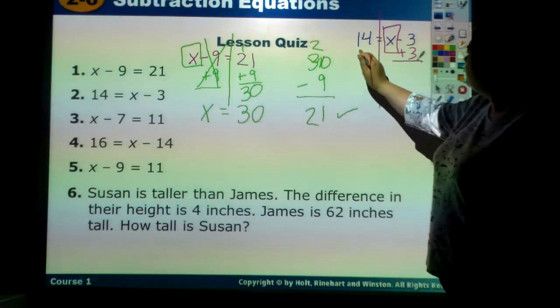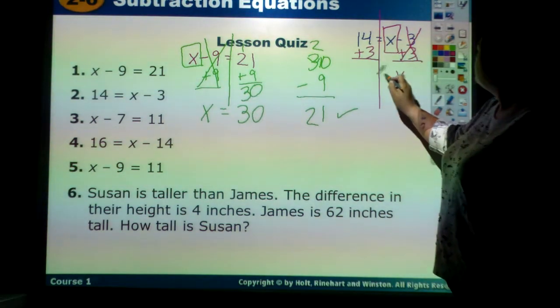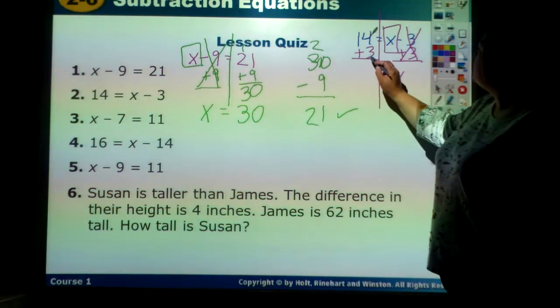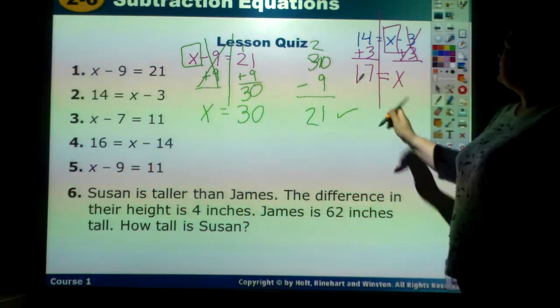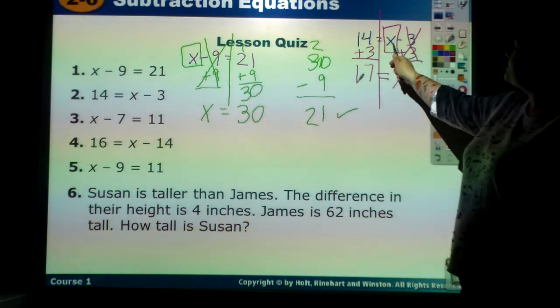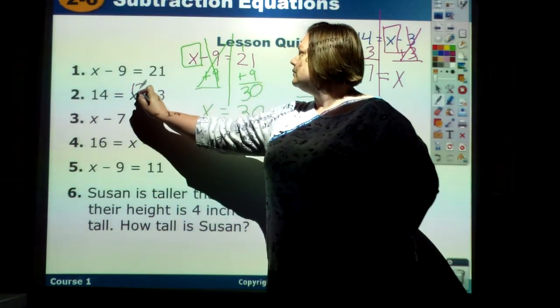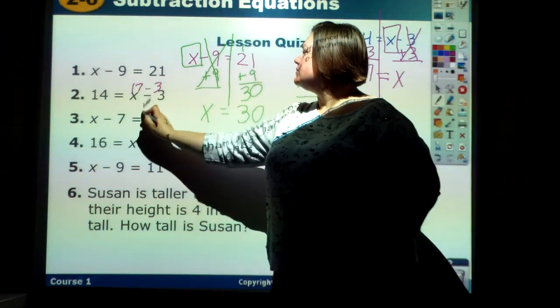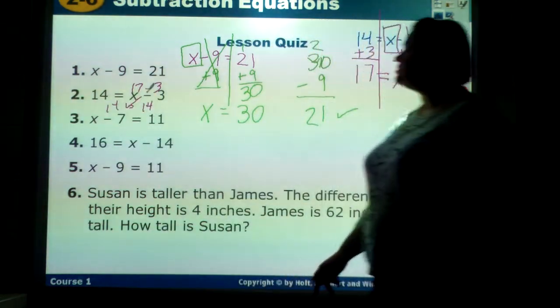Whatever I do over here, I have to do over here. 14 plus 3 is 17. I can put 17 in the place of this X in my original problem. 17 minus 3 is 14, which equals 14, so yes, that is correct.